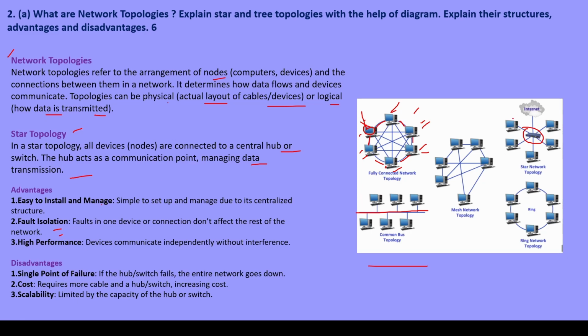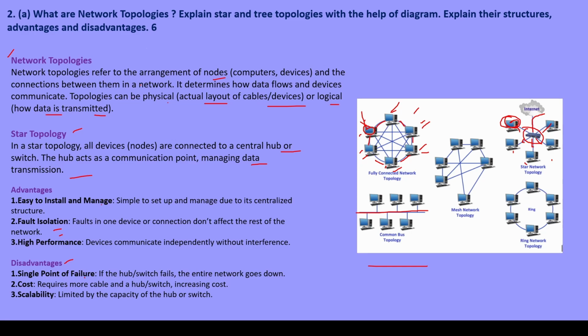In bus topology, if one computer is affected, all computers are affected. Disadvantage: single point of failure. If the hub or switch fails, the entire network goes down and nobody can access it. There are also cost and scalability concerns.